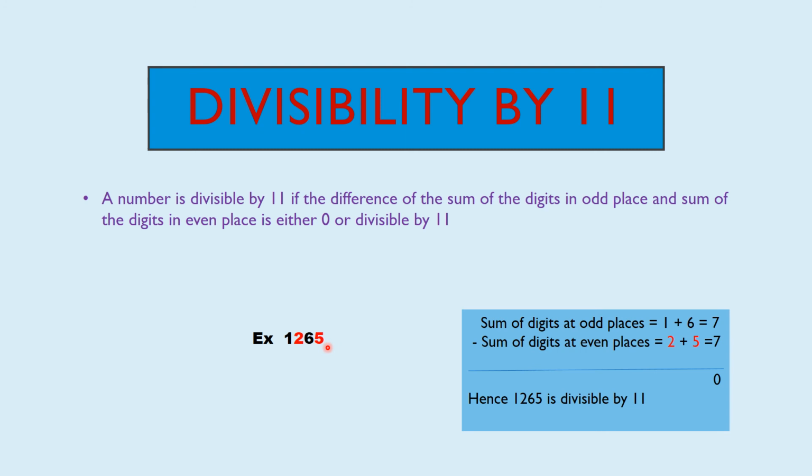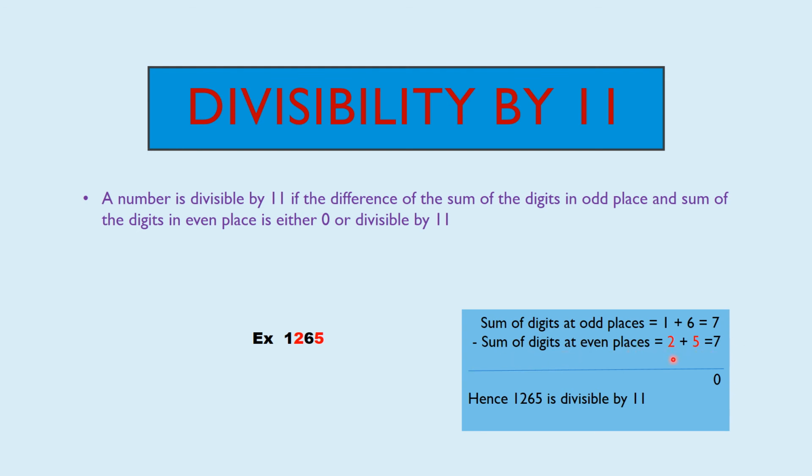As you all know, even numbers are numbers divisible by 2. That is, the second, fourth, and sixth places are the even places. Now you just have to add the digits in the odd place and the digits in the even place. So the sum of the digits in the odd place is 1 plus 6, 7, and the sum of the digits at even place is 2 plus 5, 7.